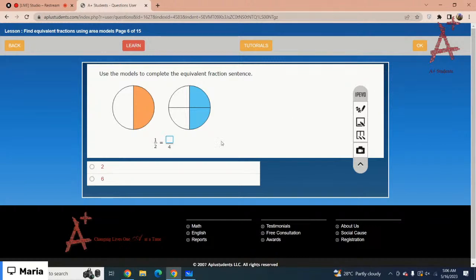Just 2 of them are colored, so it would be 2 out of 4. The total portions are 4 and just 2 of them are colored, so it would be 2 out of 4.